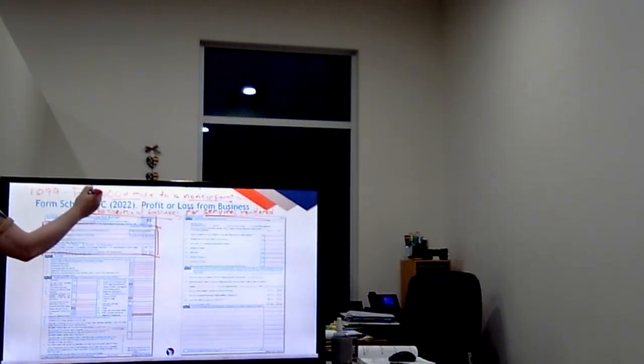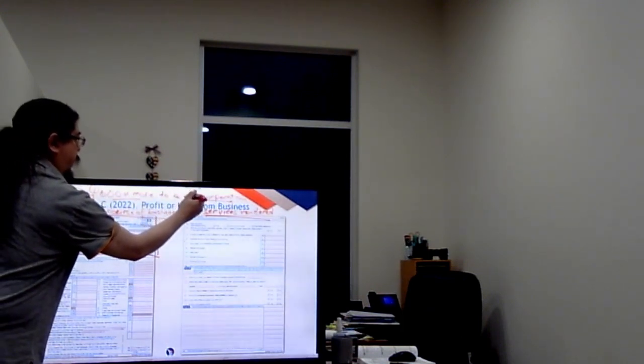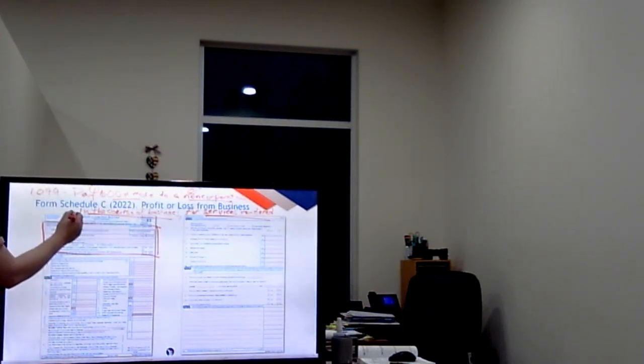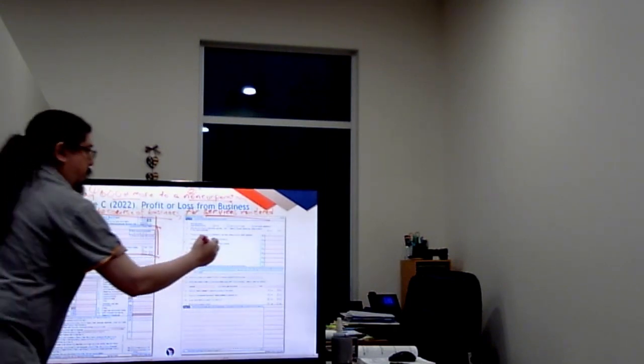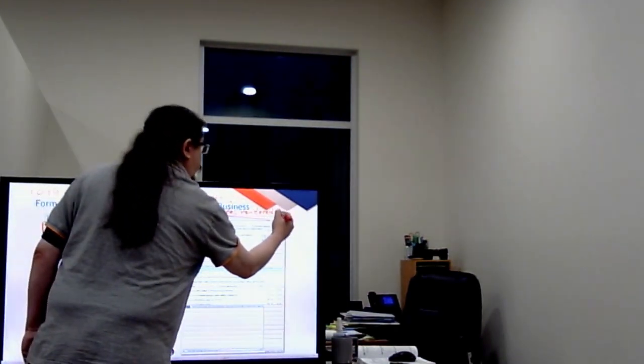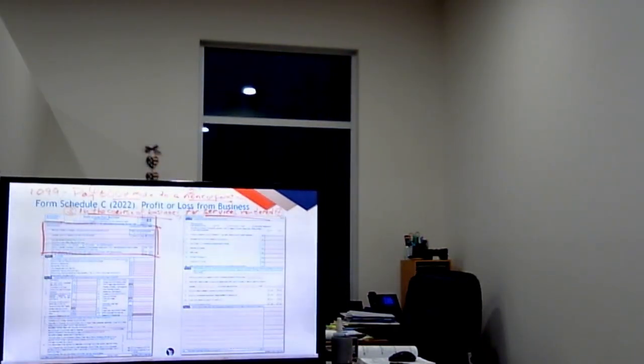So 600 or more, someone who's not a corporation, in the course of your business, for services rendered, which means not goods. So if you're buying lumber or equipment from somebody, you don't have to give them a 1099.